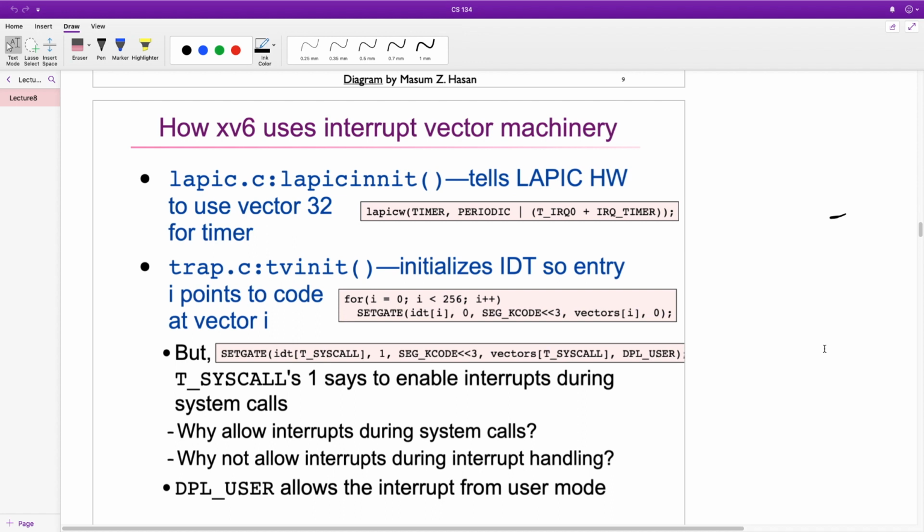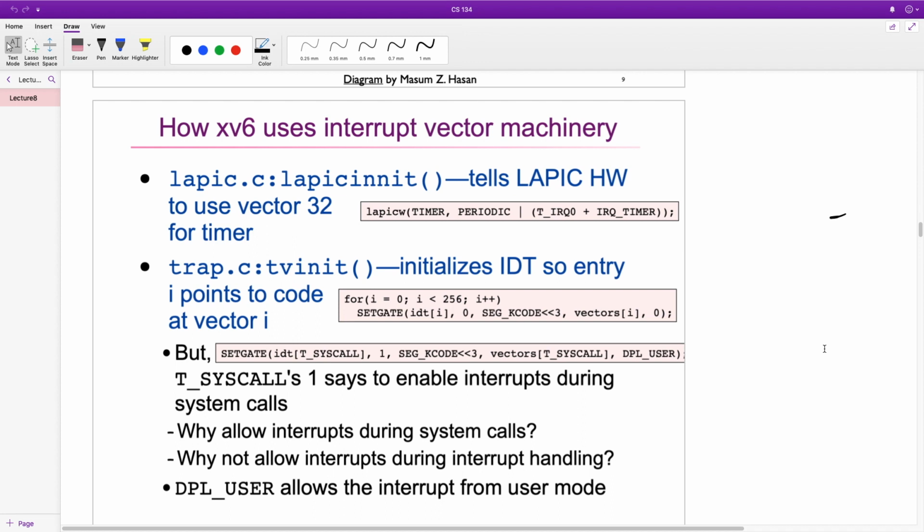So for most of the interrupts, you can't generate this directly from user code. The hardware can generate it, a device can generate it, but you don't just get to say interrupt 16. User code's not allowed to do that. But one interrupt it should be able to do that for, and that is interrupt 40, which is our system call. For the system call, we say yes, user can do that, because we need to give them some way to get into the kernel.